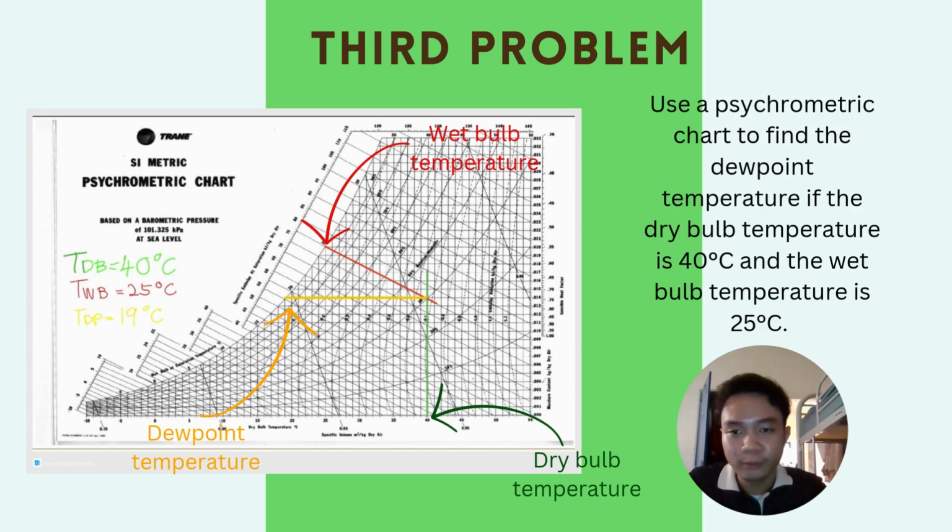In this psychrometric chart figure, the dry bulb temperature is 40 degrees Celsius in green color and the wet bulb temperature is 25 degrees Celsius in red color. We can obtain the dew point temperature by using the intersection between the wet bulb temperature and dry bulb temperature. And the dew point temperature that we obtain is 19 degrees Celsius.